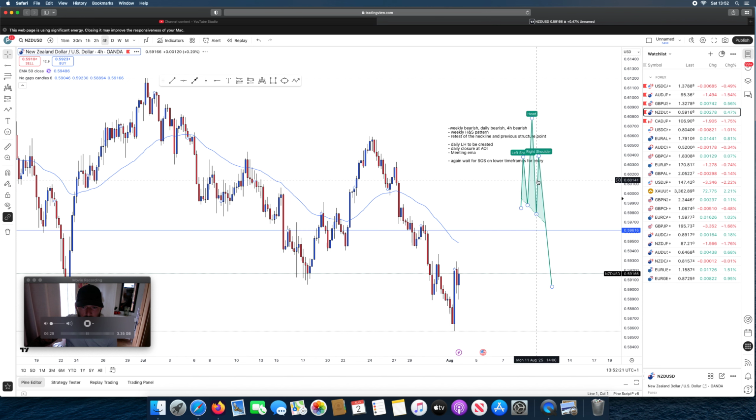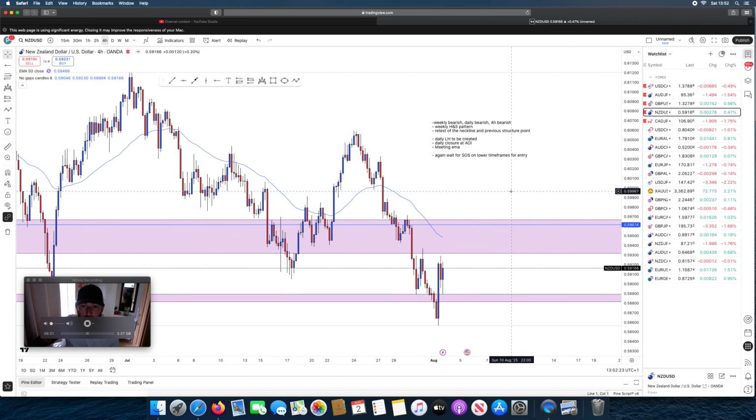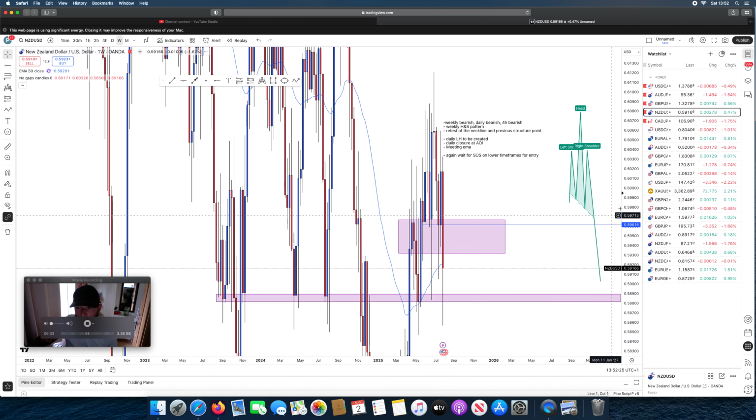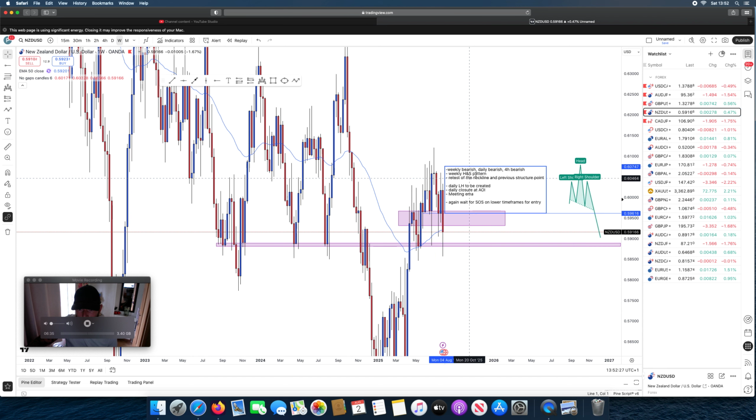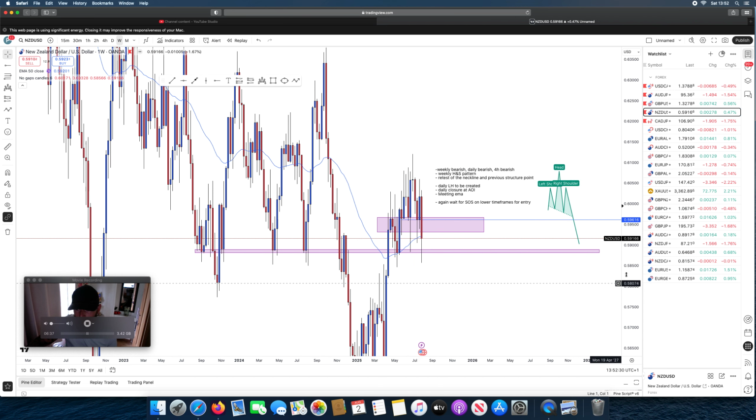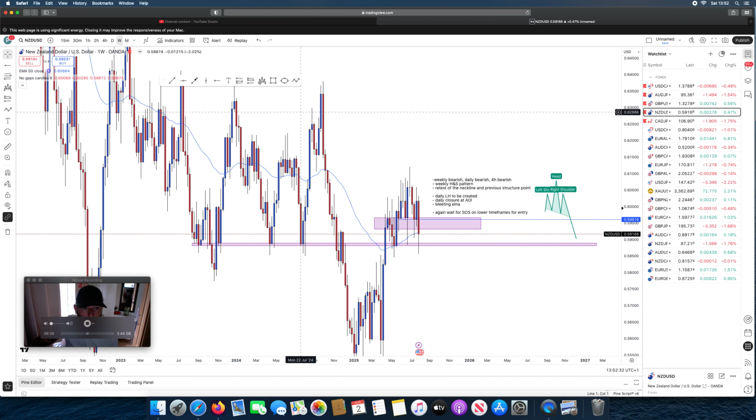Next is NZD USD. Starting from the weekly, you can see here we have a lovely head and shoulders formed on the weekly. Nice head and shoulders pattern formed there on the weekly.